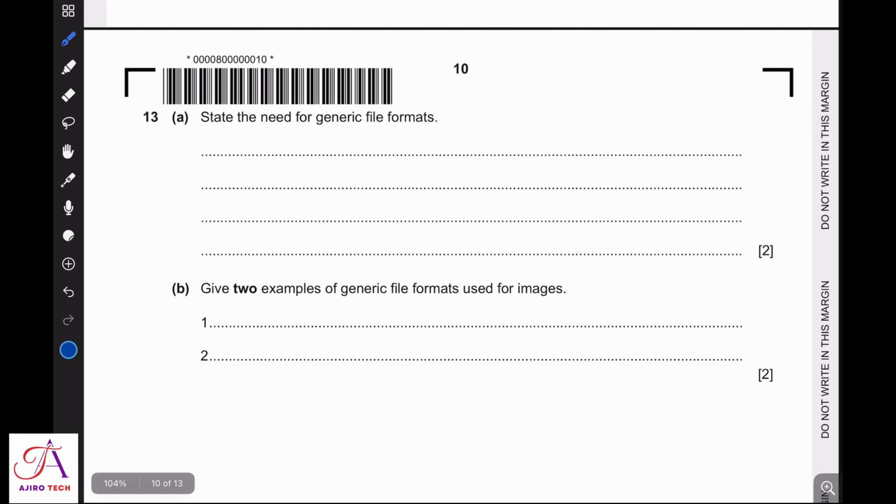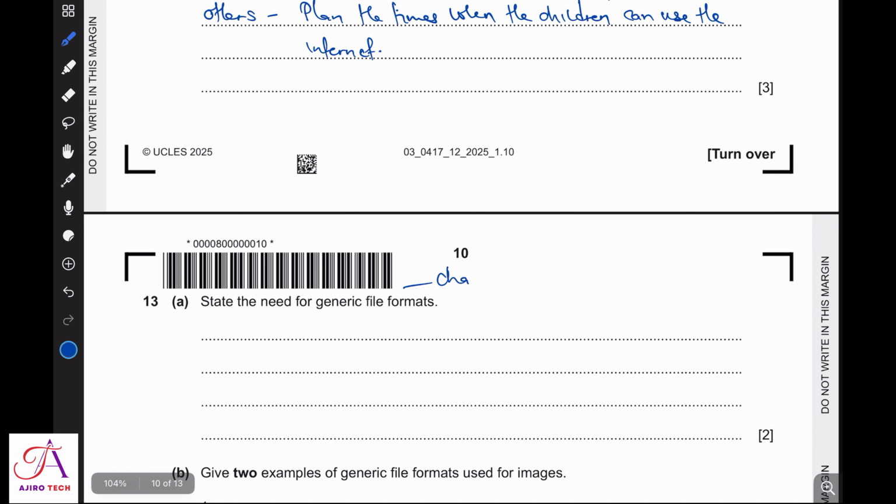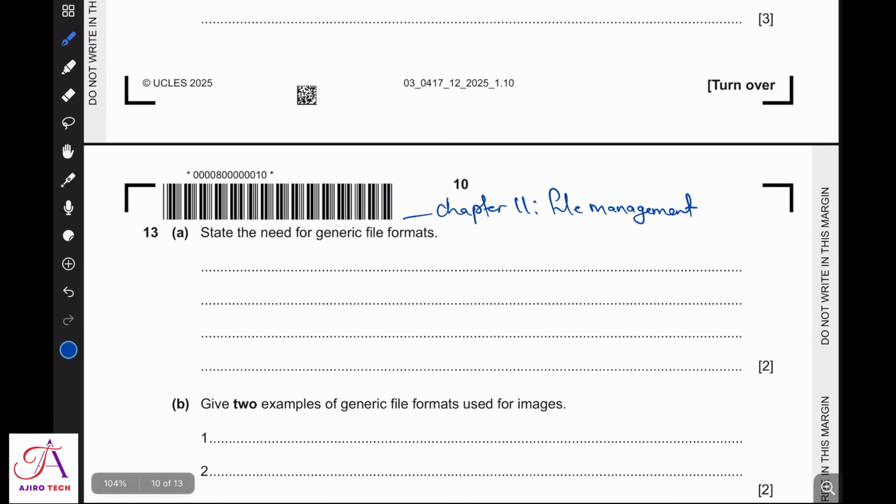State the need for generic file format. You see that in chapter 11, file management. Okay, so 2 marks here, let's talk about it. So what's the need for generic file format?